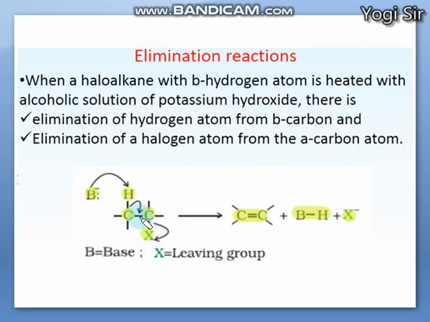This reaction must be carried out in the presence of a base, dissolved in ethanolic or alcoholic solution. For example, potassium hydroxide KOH dissolved in alcoholic solution will undergo beta elimination reaction, right? We'll also study that in detail in the next session.